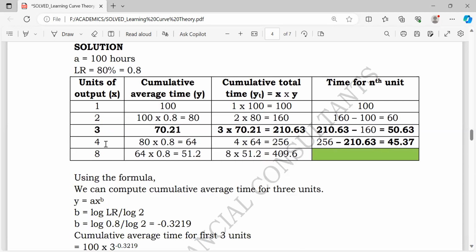Okay, so as per the formula, we need to know the cumulative average time. Now, how do you determine the cumulative average time? When units double, we do not really need to use this formula here. So when units double, just do it this way. Cumulative average time, whenever the units of output double: the first unit took 100 hours, so no problem.